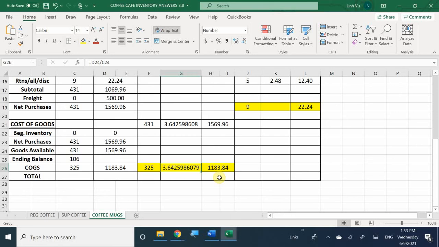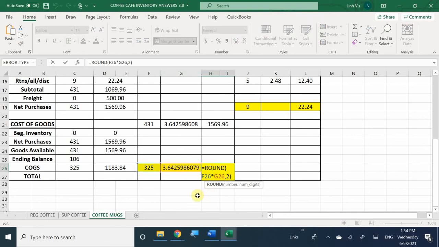Wait a minute. You have 1183.84. I have 1183.85. Can you click on that one? Equals round, divide by 2. Let's see. Can you click on the cell next to it? To the left one. I got 84 too.